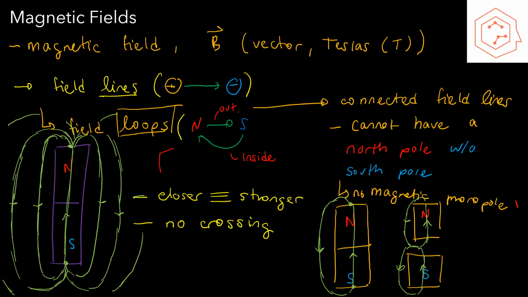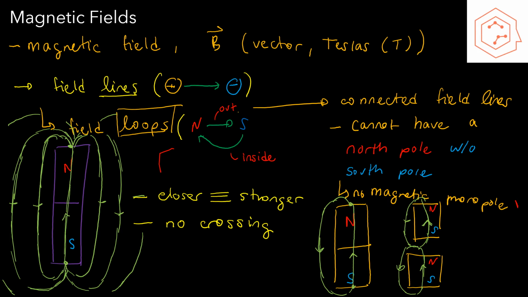And so what turns out to happen is that these two portions, or these two halves, also have a north and south pole and a north and south pole. So cutting a bar magnet to separate its poles simply gives us two smaller bar magnets.